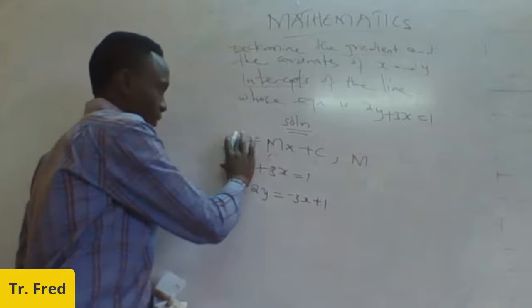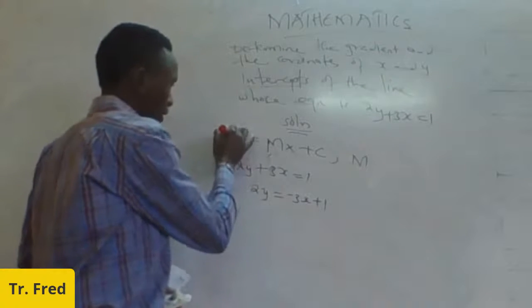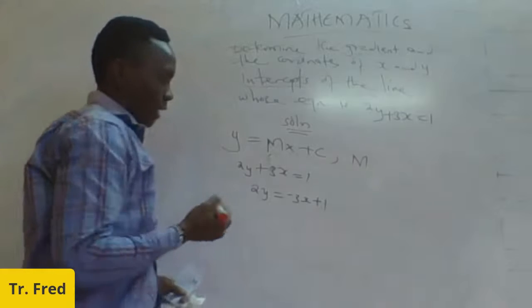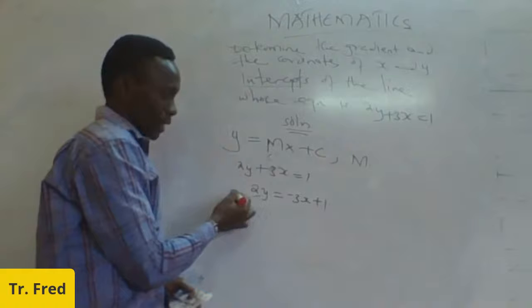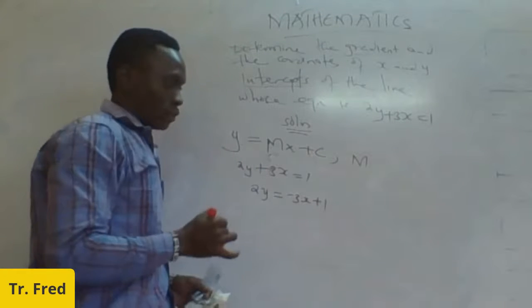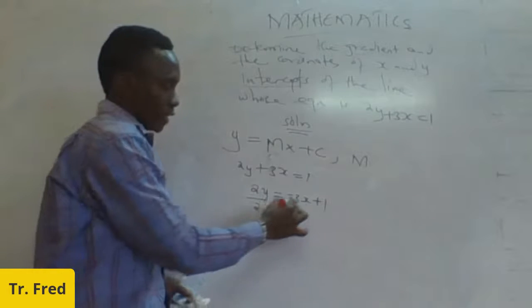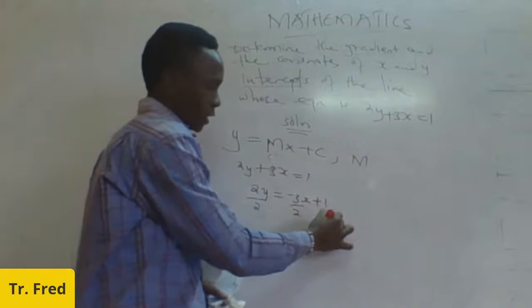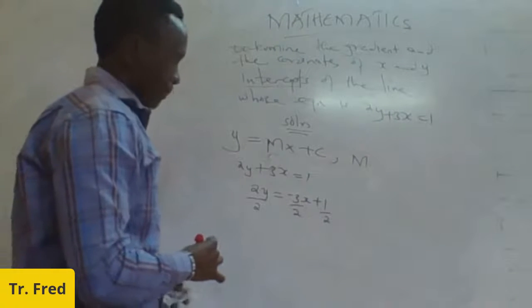The equation of a straight line tells us that y should not have any coefficient, so we have to make it unit. To make the equation of a line unit, it simply means that you divide all through by the coefficient that you have here. The coefficient of y is 2. So you divide each side by 2 so that you can get the equation of the line in terms of y.